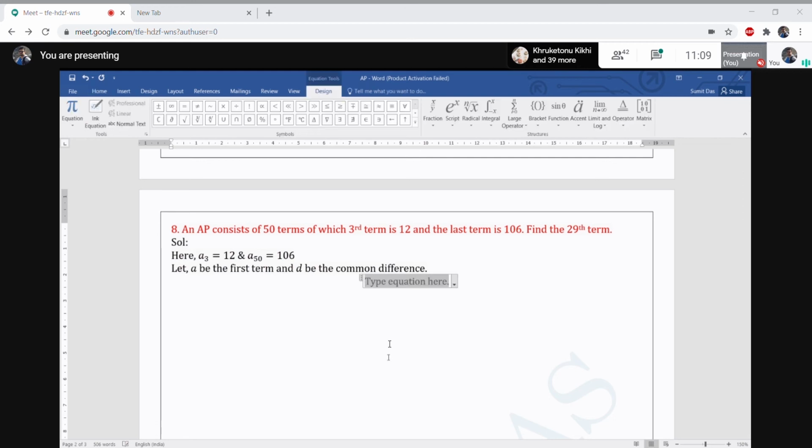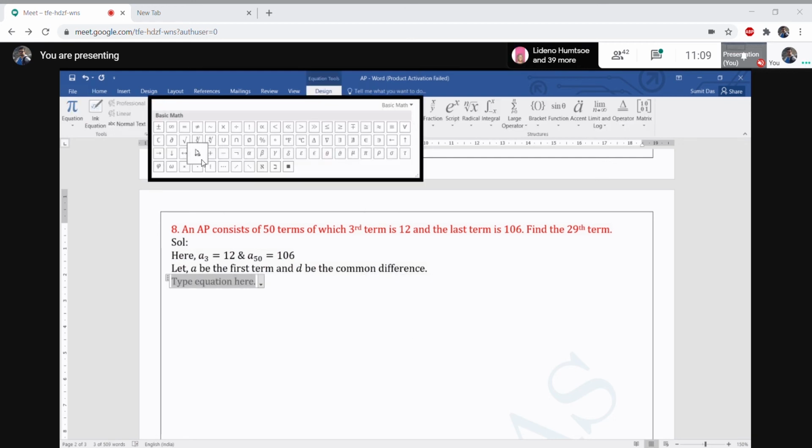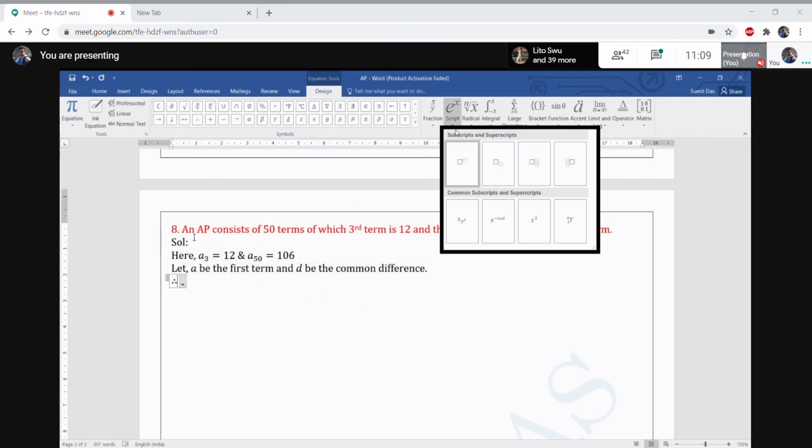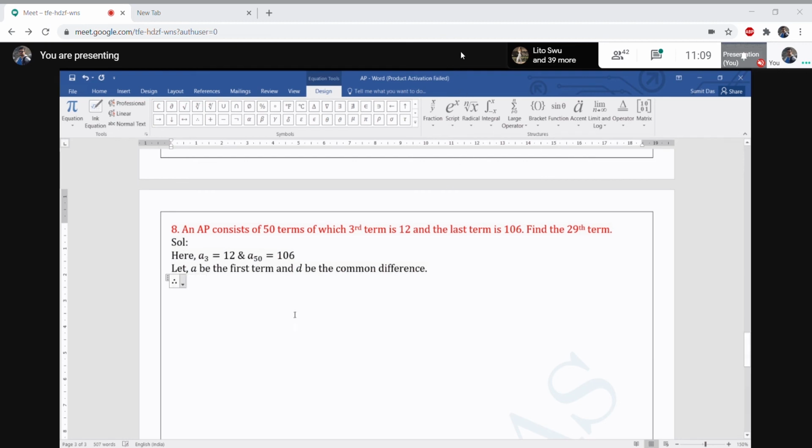I'm giving the equations only. A3 is equal to A plus 2D, which is equal to the given 12.